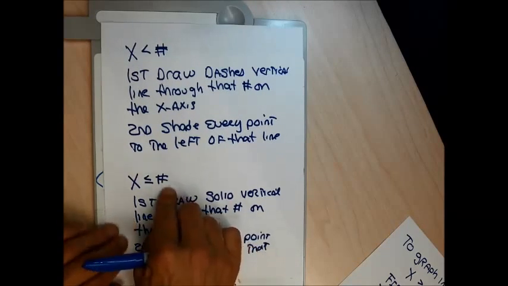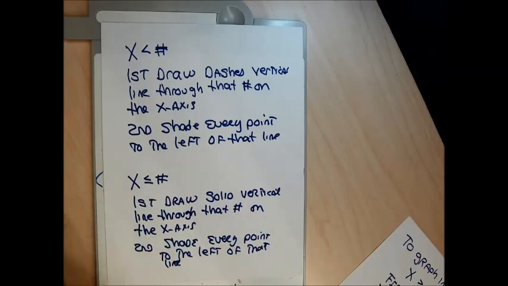Because less than means smaller, and on the x-axis numbers get smaller as you go to the left.